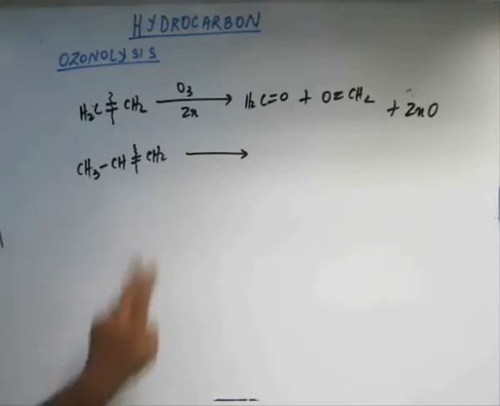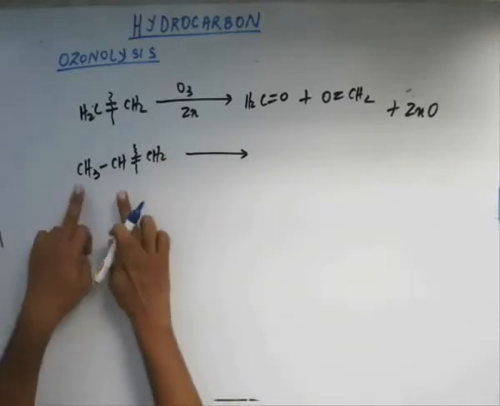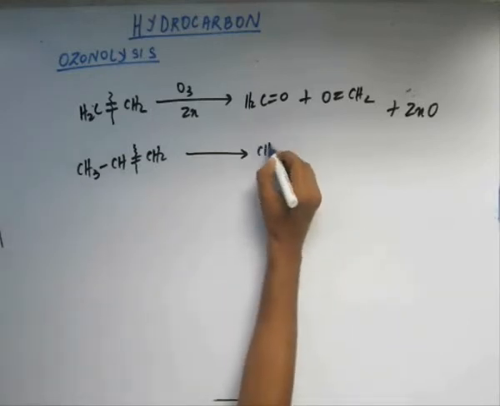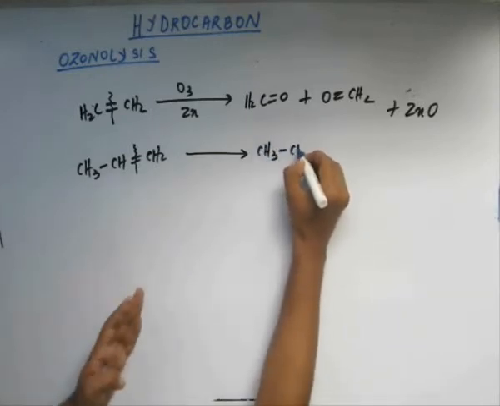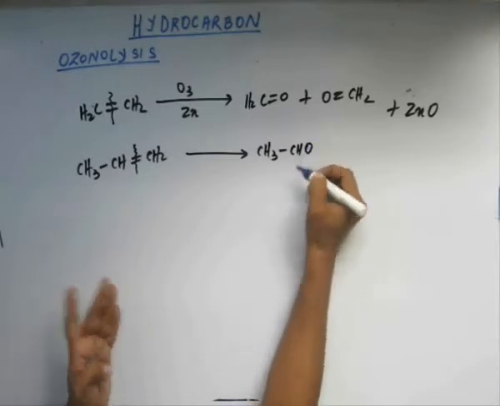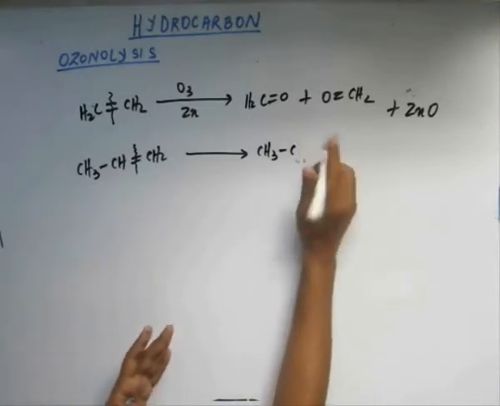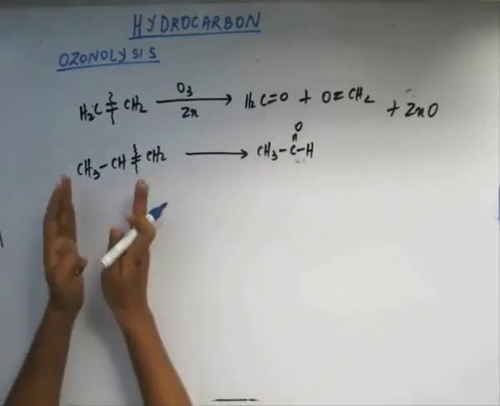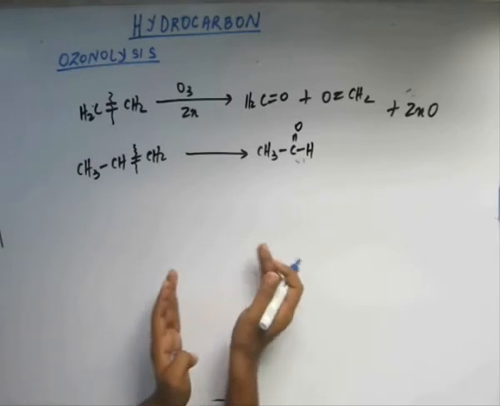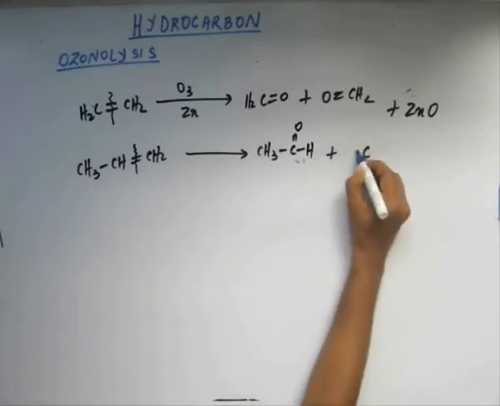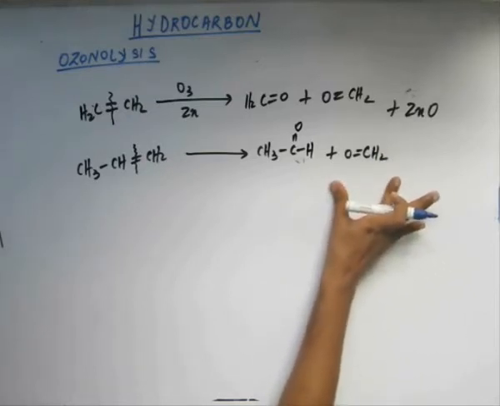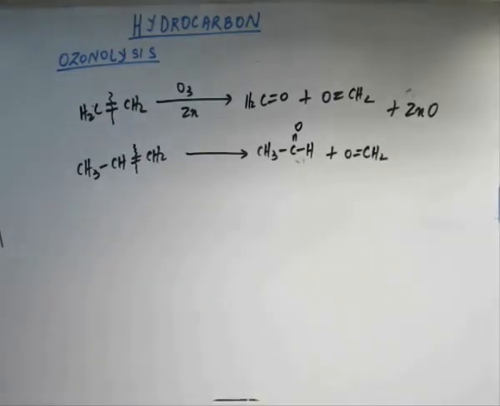So on this side you will have two carbons, and this carbon will participate in formation of a double bond with oxygen. So from this side you are going to get ethanal. I'm not showing the double bond, but if you want, you can show it like this. So this ethanal is coming from the left hand side. From the right hand side there's one carbon, and that carbon will form C double bond O. So that will give you methanal. So this will be the corresponding ozonolysis product of propene.